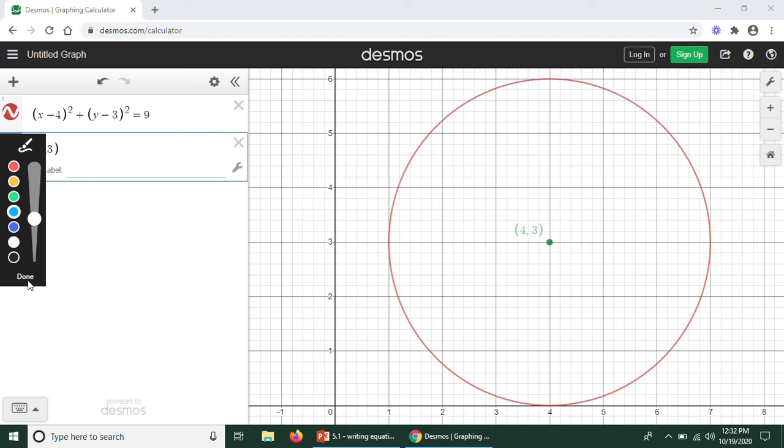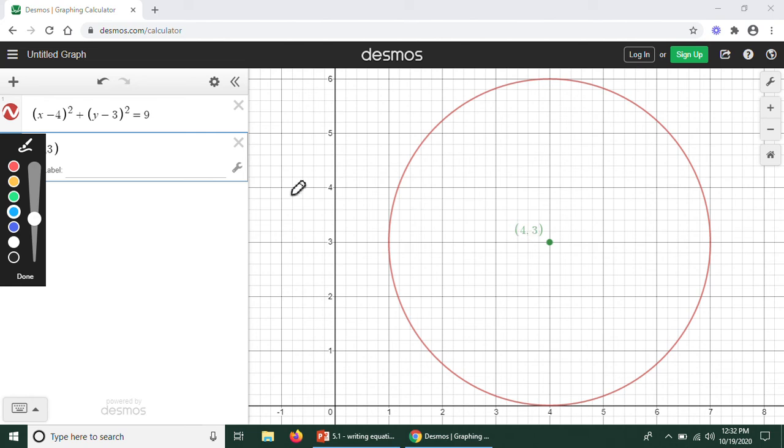So if you are given the equation of a circle and you are asked to determine the center of the circle, all you need to do is go to the x part of your equation, take this number, change the sign, and that would give you the x coordinate of the center.